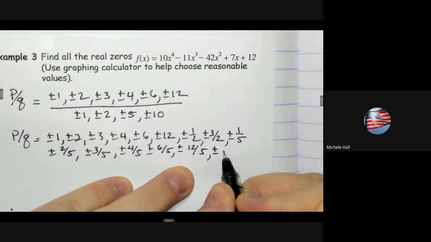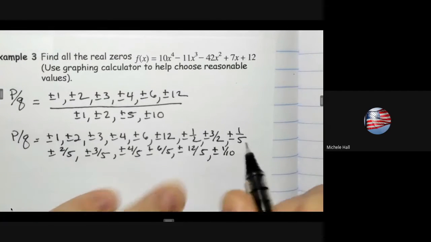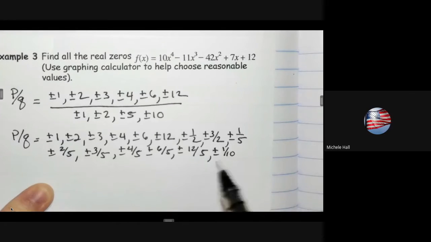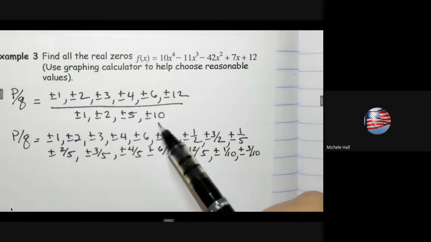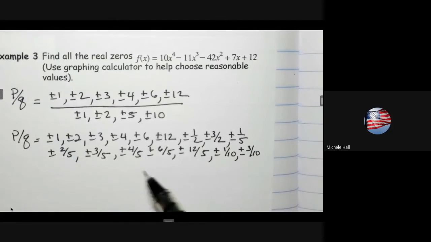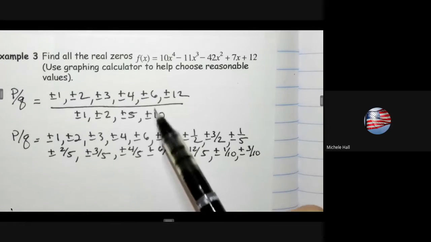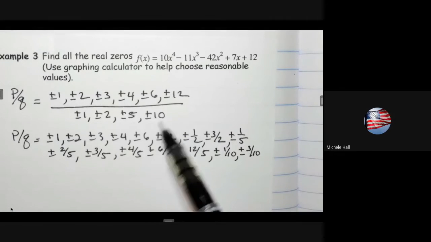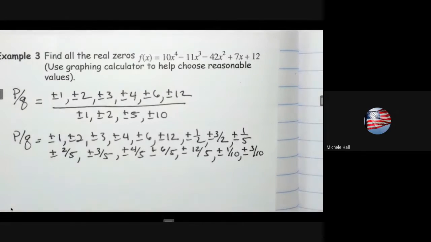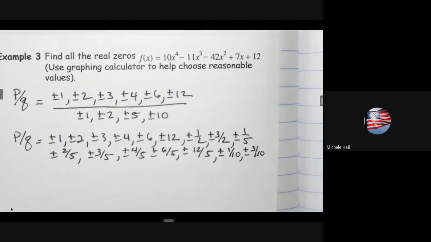Plus or minus 1/10. 2/10 is 1/5. 3/10. 4/10 is 2/5. 6/10 is 3/5. 12/10 is 6/5. Those are all of the possible rational zeros.